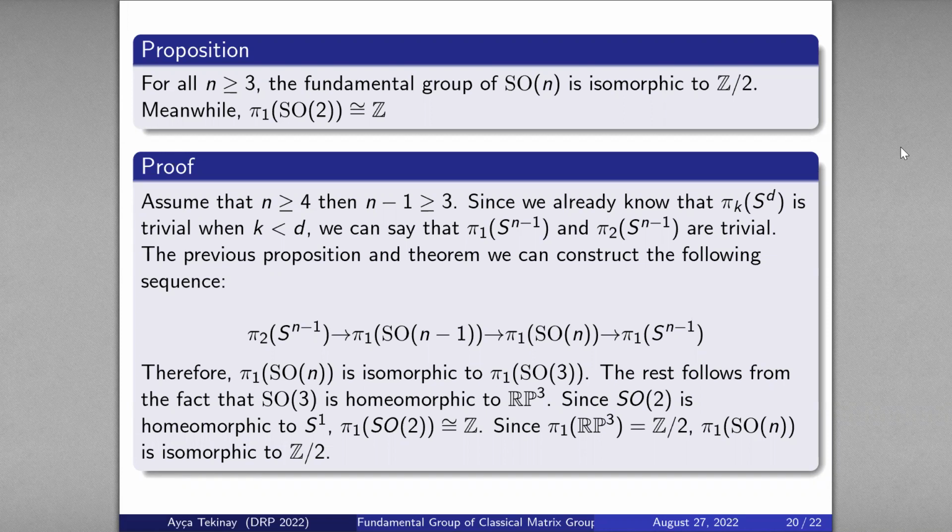So the rest follows from the fact that SO(3) is homeomorphic to the real projective space RP3. Since SO(2) is homeomorphic to S1, pi 1 of SO(2) is isomorphic to Z. And since the fundamental group of RP3 is Z over 2, we have the proposition: for all n equal or greater than 3, the fundamental group of SO(n) is isomorphic to Z over 2.